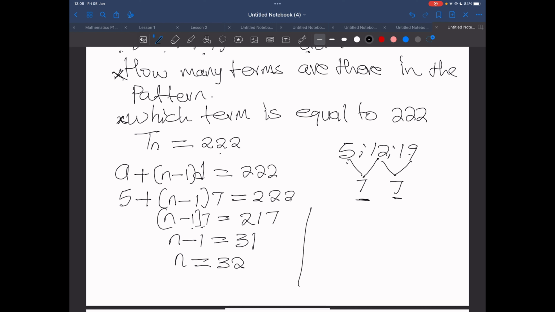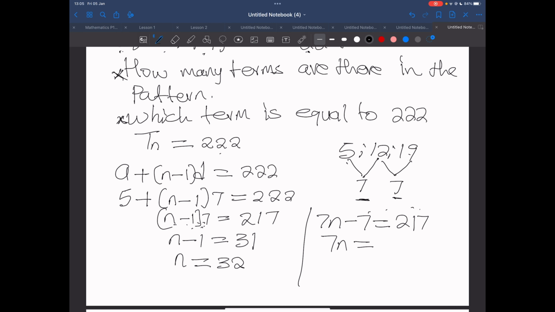As I said, one can remove the bracket first and have 7n minus 7 equals 217, and you take the 7 to the other side, and then you have 7n equals 217 plus 7.